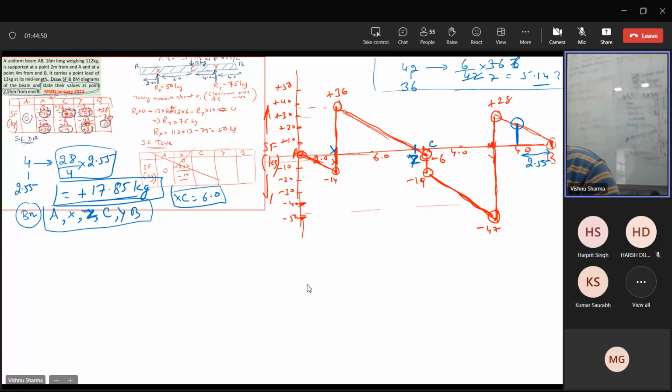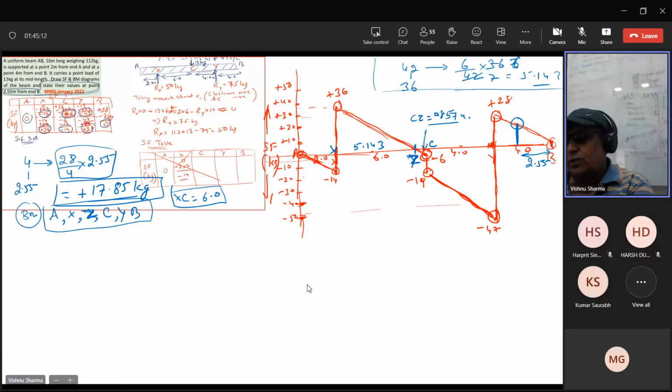So basically X to Z is 5.143, and CZ will be 6 minus this, so 0.857 meters. Understood, guys? CZ will be 0.857.